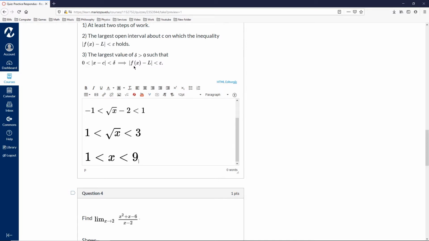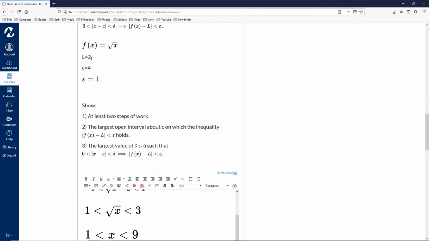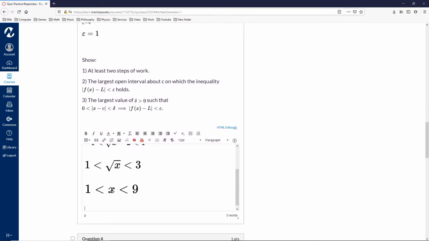And then for part 3, this is where you choose the largest delta that squeezes the centered interval into this one. So our centered interval is about 4. So if we stick a 4 in here, we can go 3 to the left or 5 to the right.